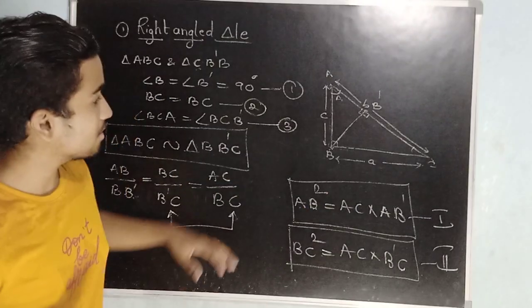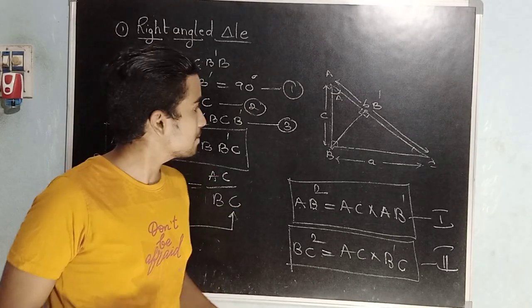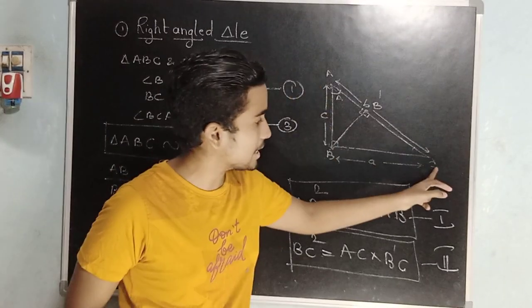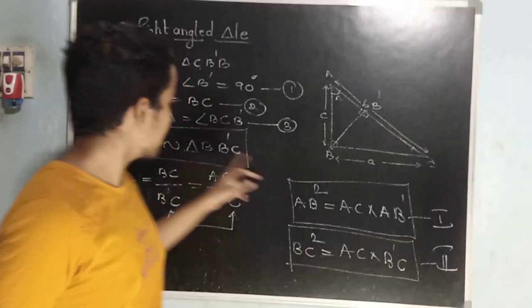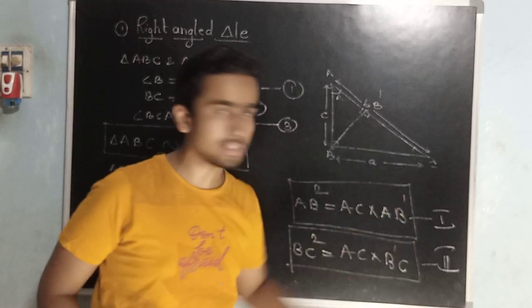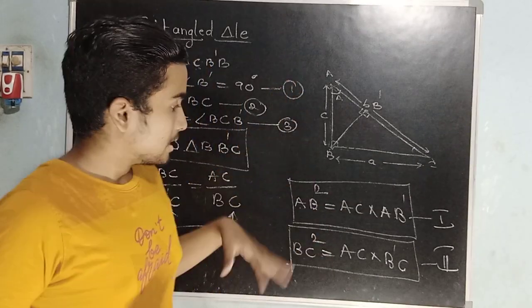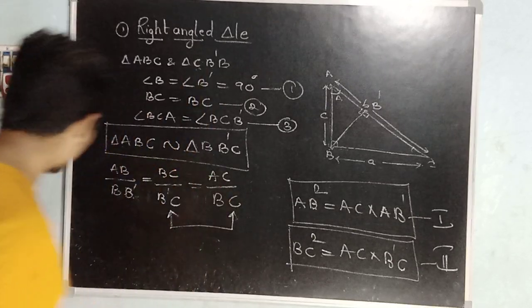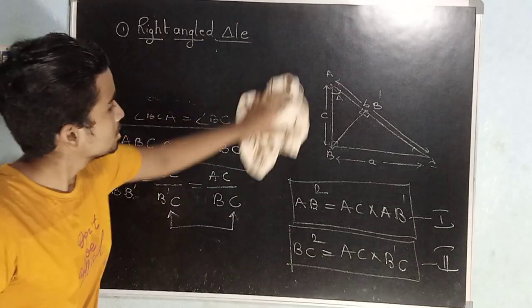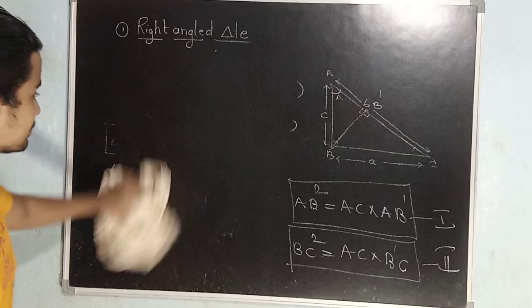So by the condition of similarity, first of all I have considered triangle ABC and triangle AB dash B. Then triangle ABC and triangle B dash BC. By these two similarities, I have got two new results. Now what I am going to do, I am going to add these two results.